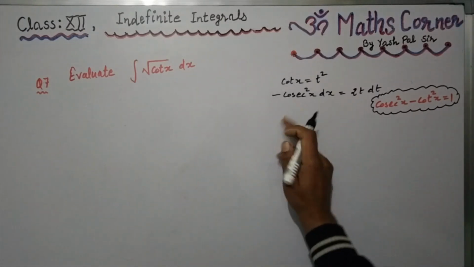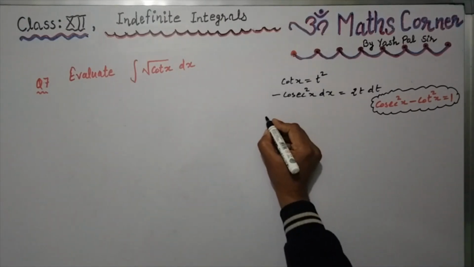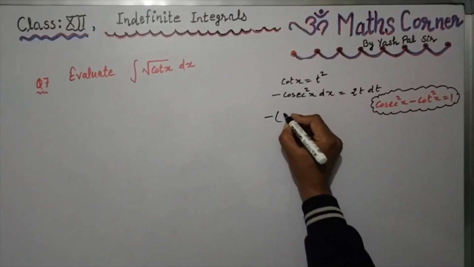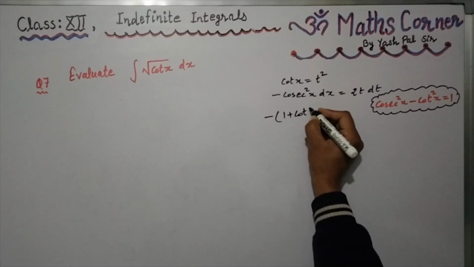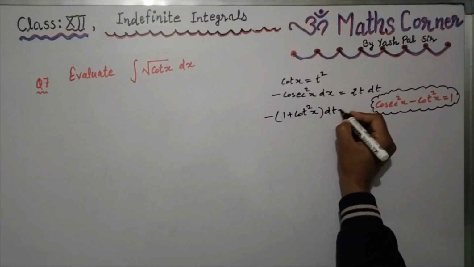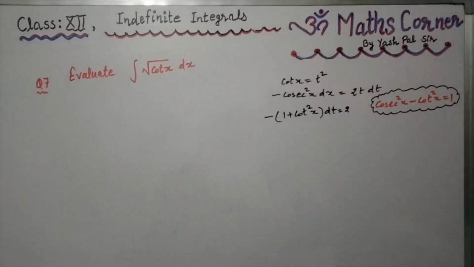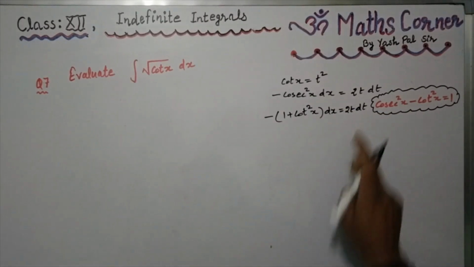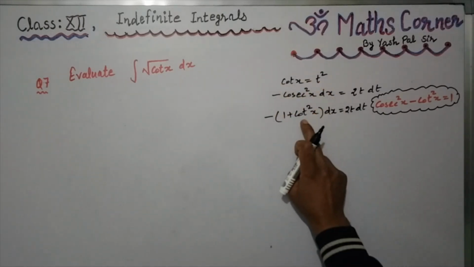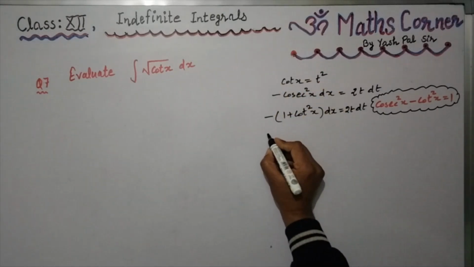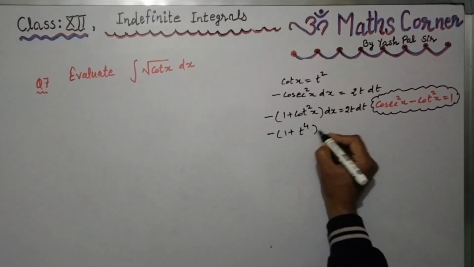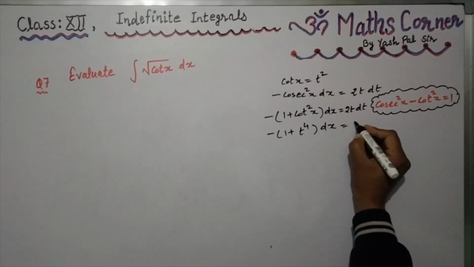Now cosecant square x, because we know the rule cosecant square x minus cotangent square x is equal to 1. So this becomes minus cosecant square x, meaning 1 plus cotangent square of x, into dx is equal to 2t dt. Now again cotangent x is t square, so cotangent square x becomes t raised to power 4.